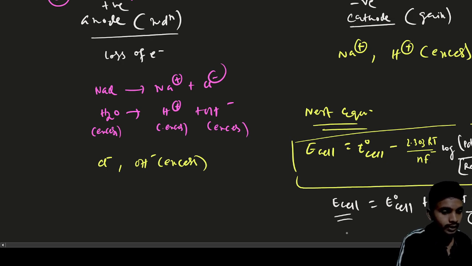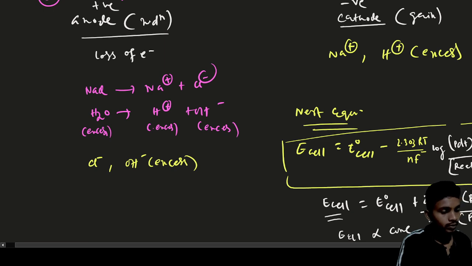So this E cell depends on the concentrations of product and reactant. If any substance or electrolyte has a high concentration, it directly affects the E cell. In the same manner, if the H plus concentration is very high, then E cell is also high, which means it will discharge.